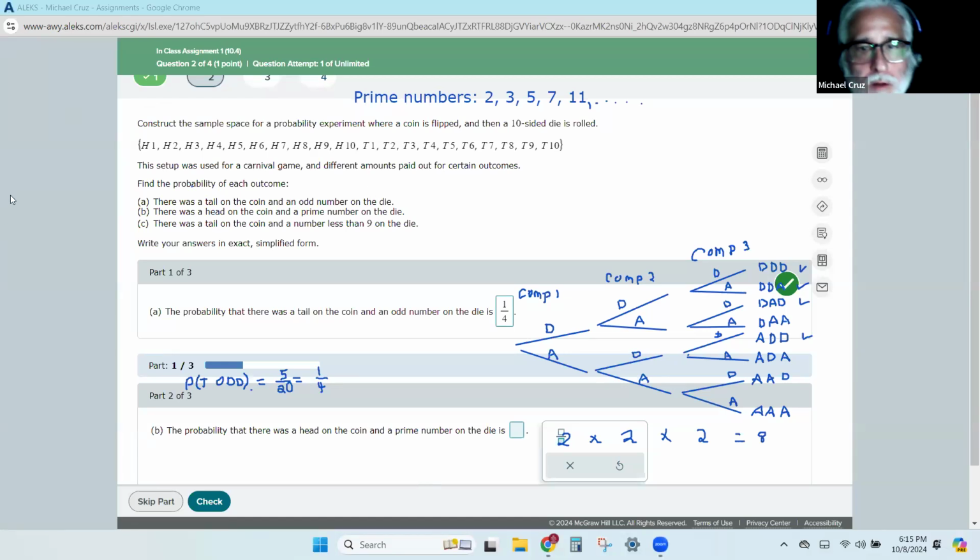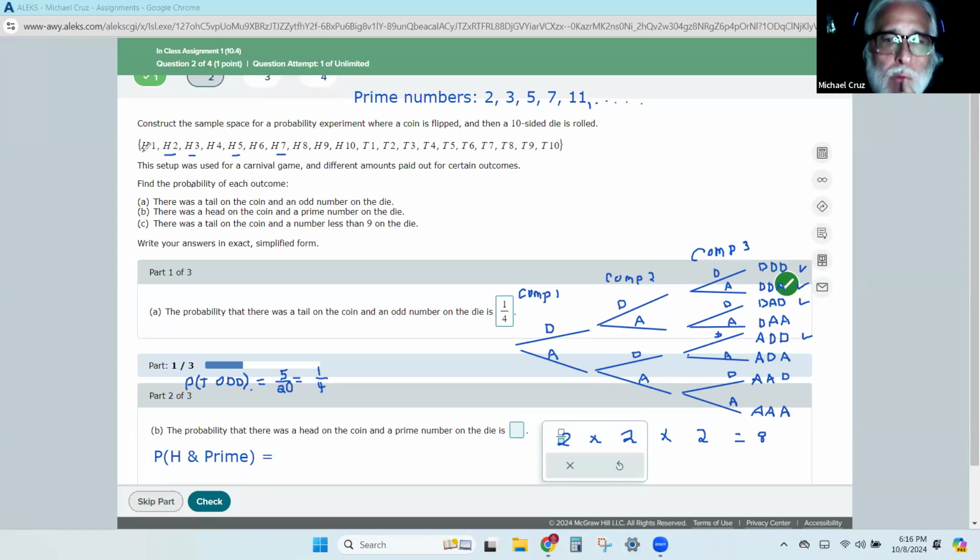So now the probability of head and prime. Well, let's see. How many prime numbers were there? Okay, first of all, it was head, so we're only looking at these. So there's the 2, the 3, the 5, and the 7.